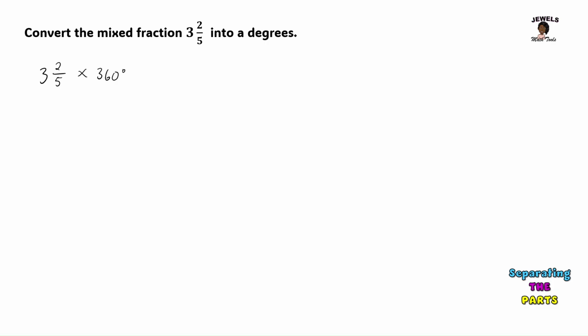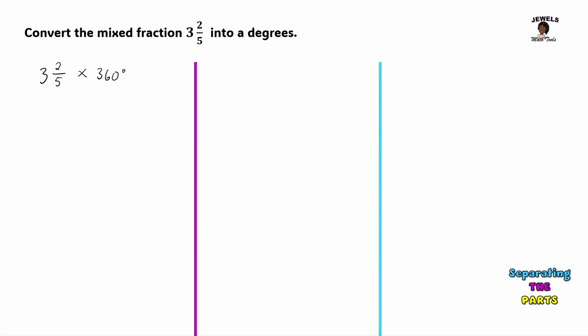So let's get started. Now in this session, we're going to be separating our parts to convert this into degrees. That means I'm separating my whole number and my fractional part, and I'm going to be multiplying both of those parts to 360. So I will be multiplying my 3 wholes times 360 degrees, and I also will be multiplying my fraction of 2/5 to 360 degrees.